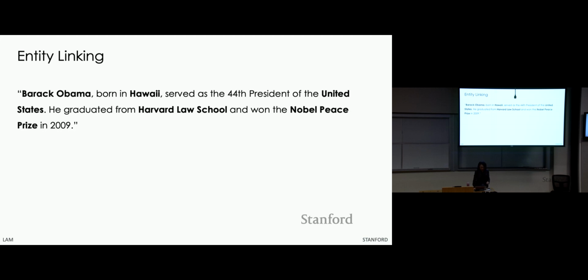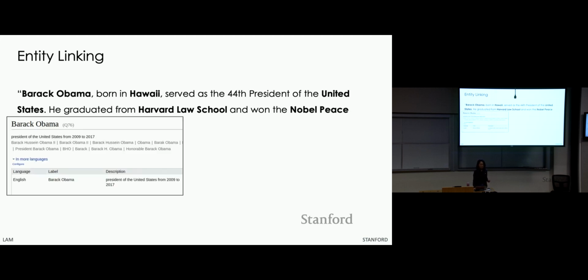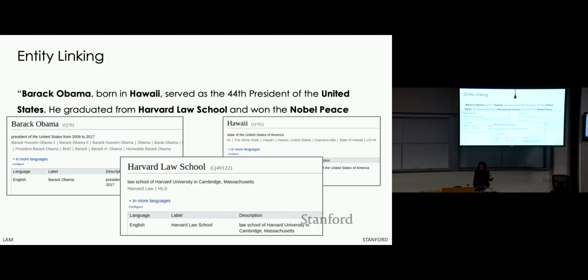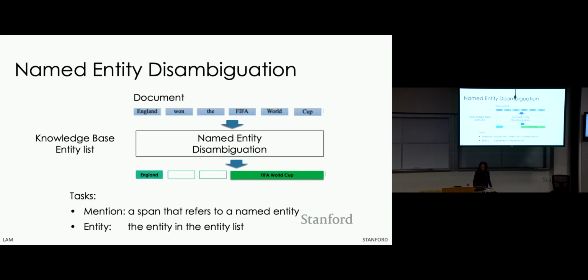So we want to do the same thing here: we take all these entities and bring them down to a unique identifier. So this is Barack Obama, this is Hawaii, and these are all QIDs, these are all the entities in Wikidata. So the question is, how do you do that?